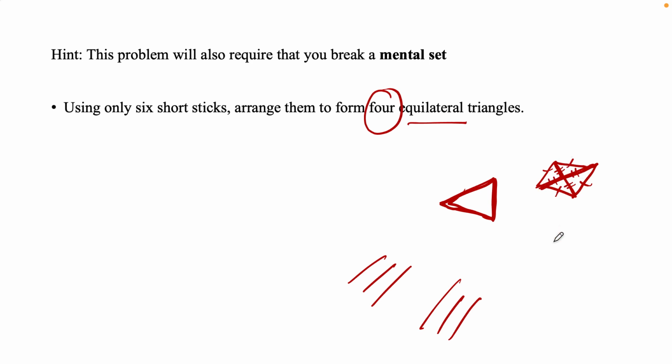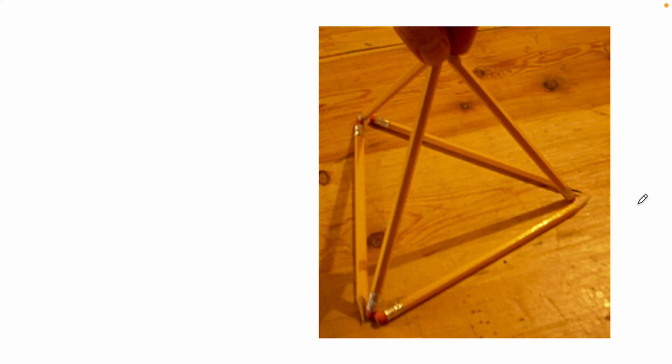Now if you choose to do 4 pencils this way and put 4 pencils that way, you need 8. You can't do it with 6. That's why you need a little bit of imagination, and you might need to take a break. So if you tried, you might see something like this. Now what happened here is you used the mental set, which means you took a break.